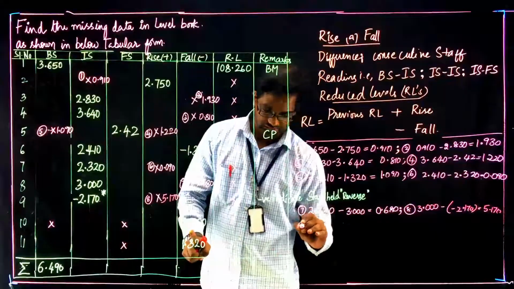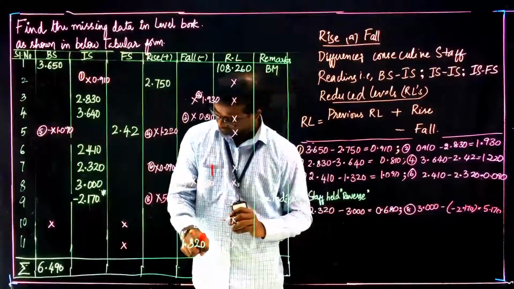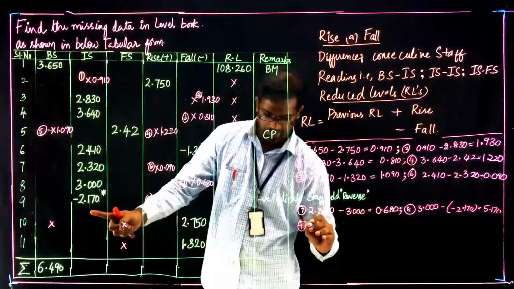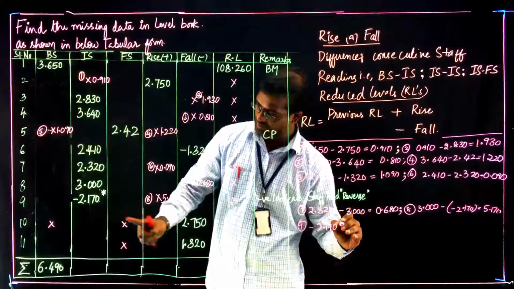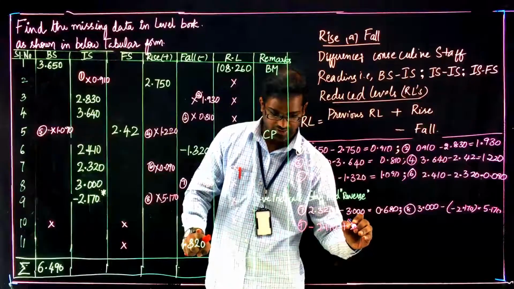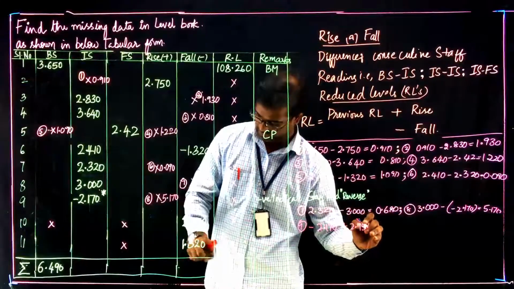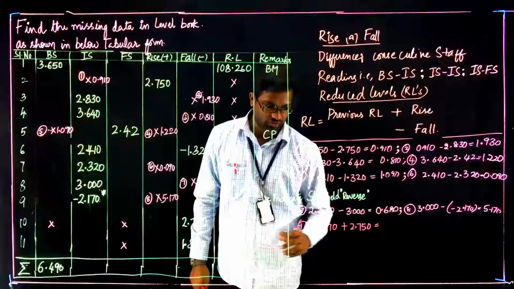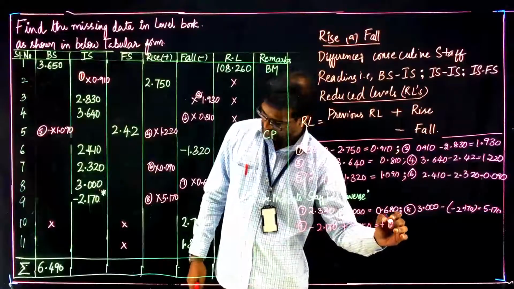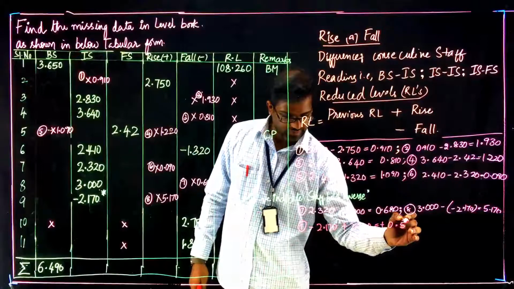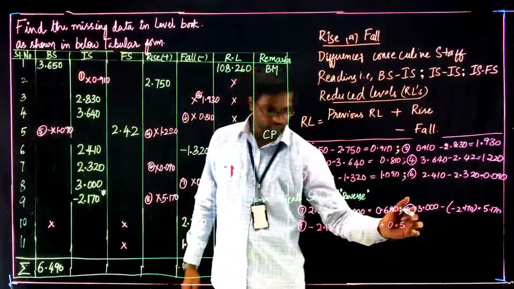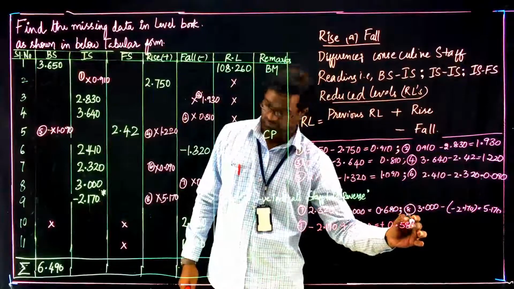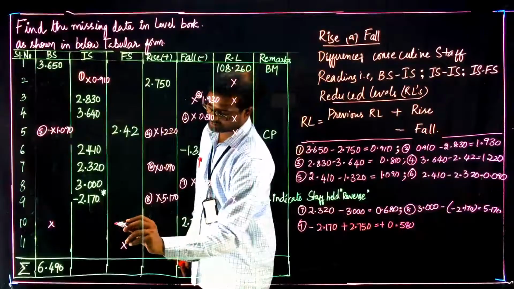So 9 is given by minus 2.170 plus 2.750, which gives a value of plus 0.580, which is here.